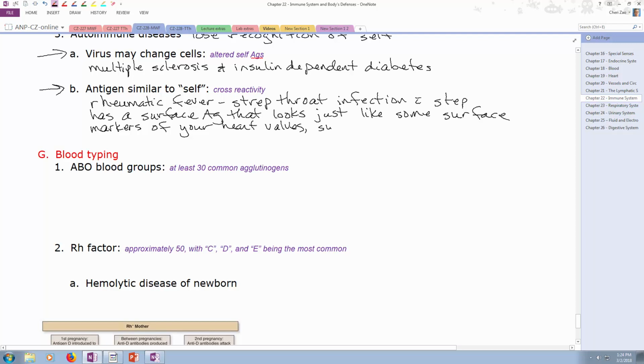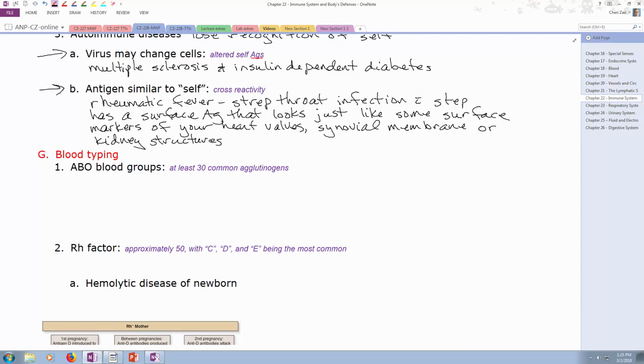Also of your synovial fluid, or synovial membrane, excuse me. Or kidney structures. And so this strep throat infection causes you to mount an immune system response to the streptococcus.